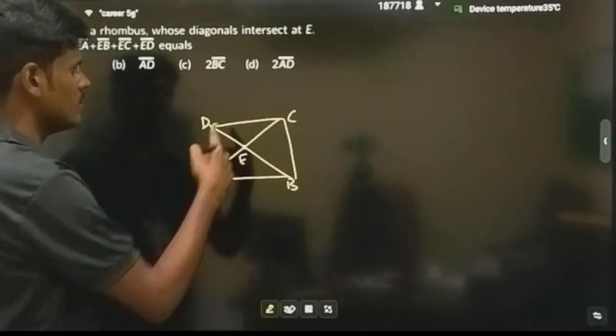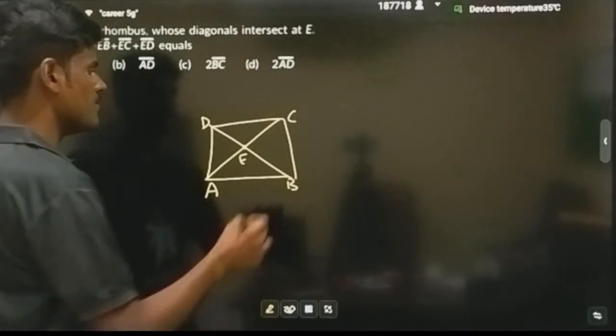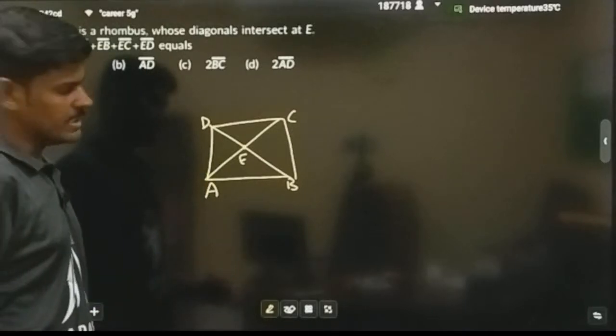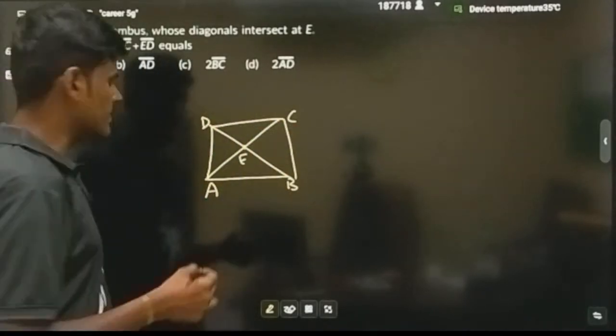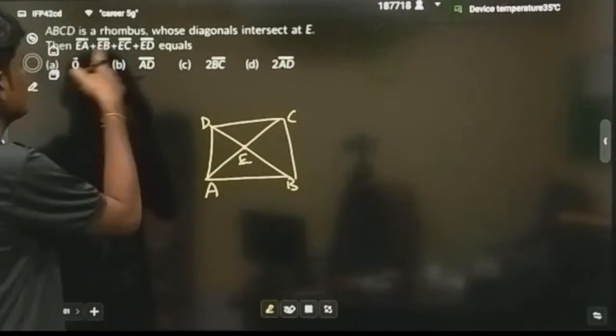ABCD is a rhombus whose diagonals intersect at point E. What is the condition for a rhombus? All sides are equal and diagonals bisect each other. We know the two conditions. Now how to find this value?